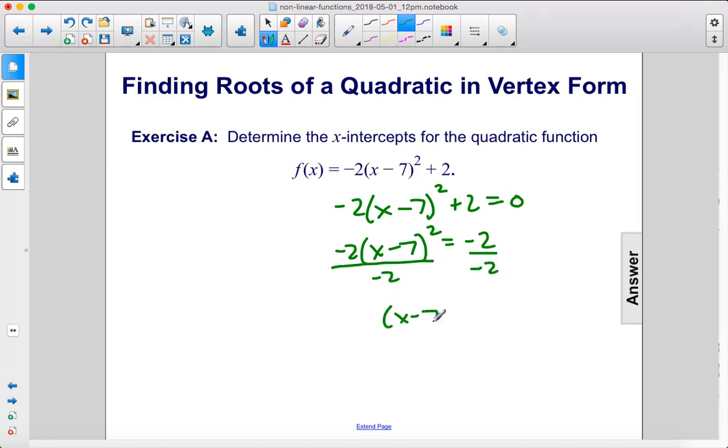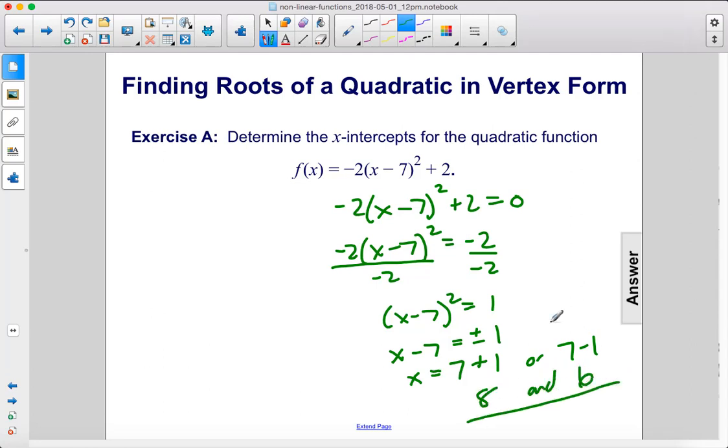That gives us (x minus 7) squared equals 1. So that means x minus 7 equals positive or negative square root of 1, which is 1. So x equals 7 plus 1 or 7 minus 1. So 8 and 6 are the two roots.